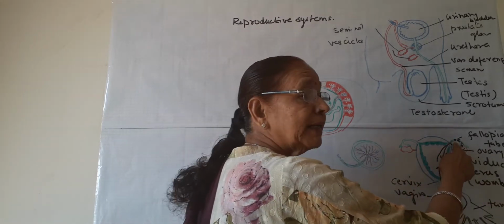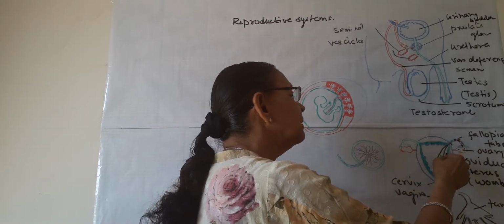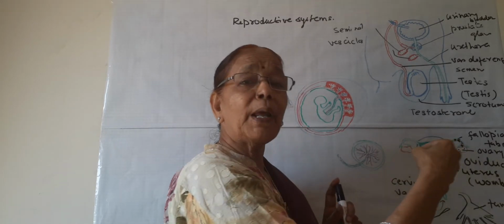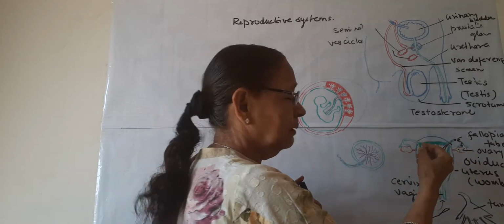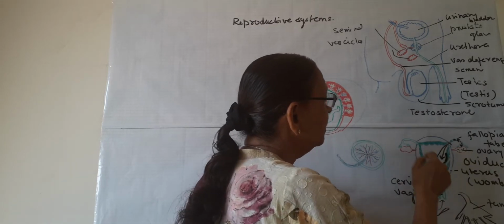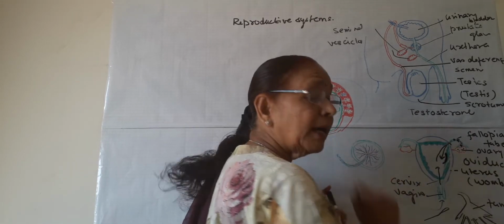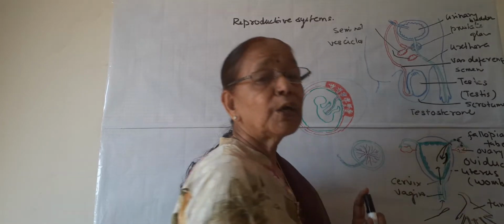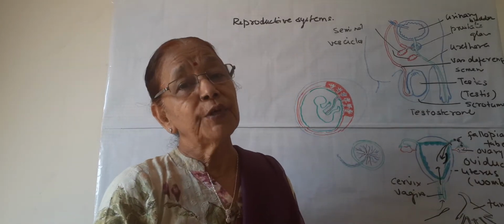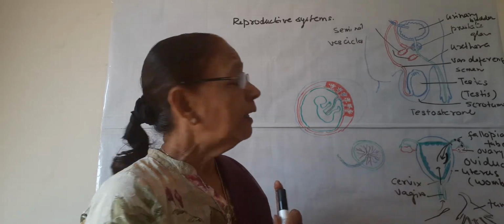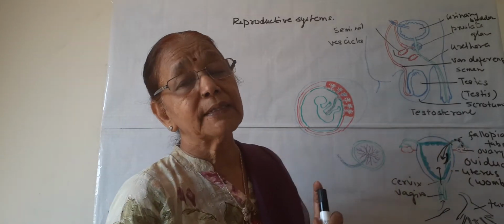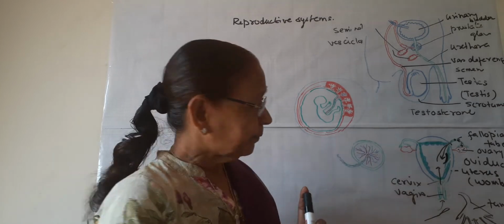So after fertilization, in 3-4 days, this fertilized egg or zygote, after a few cell divisions, comes into the uterus and attaches itself to the uterine wall, which is spongy and thick, and it will give nourishment to the fertilized egg or zygote.